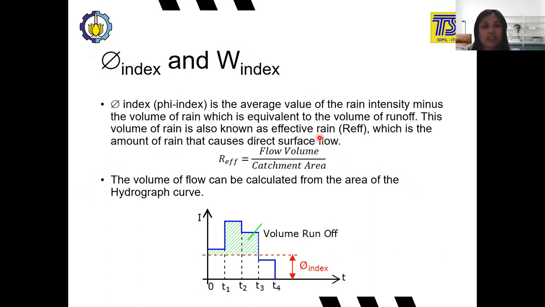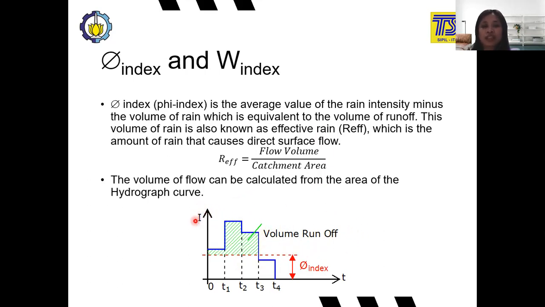Here, I is the intensity of the rain, and here we have the P index. If the intensity of the rain minus the P index, it will be the volume of runoff.